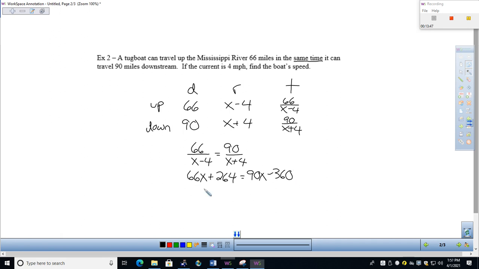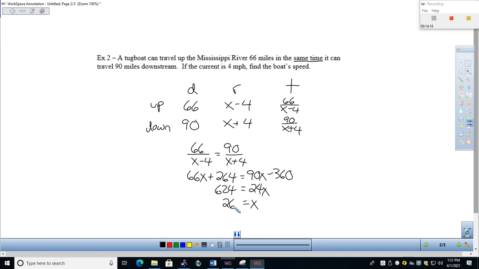Of course, I'm going to bring that 66x on over to the other side. So 90x minus 66x, that would give us 24x. And in the same breath, I'm going to add 360. And so that would give us 624 on this side. And if I divide 624 divided by 24, I should get 26.